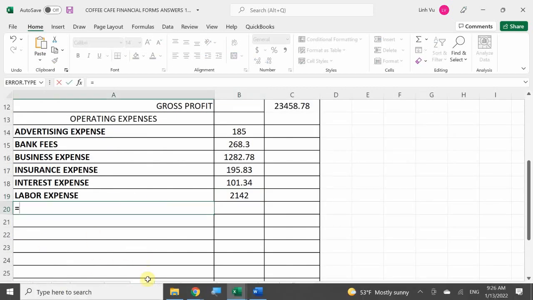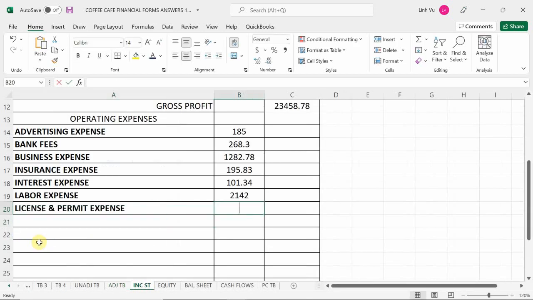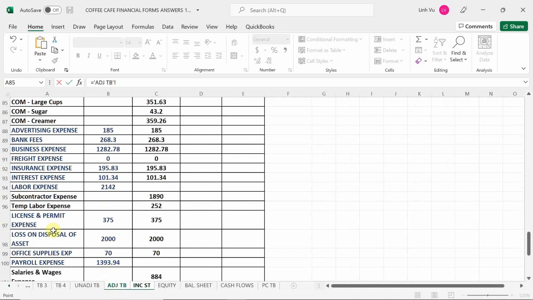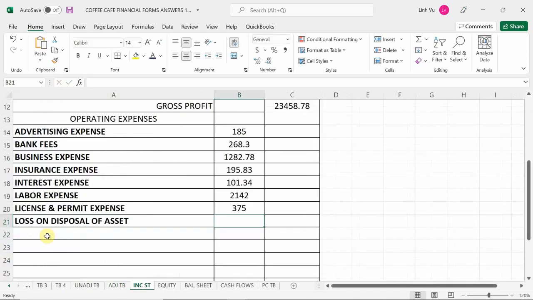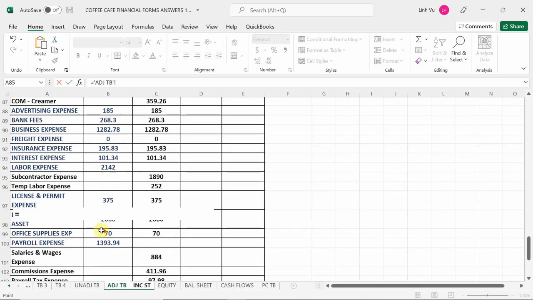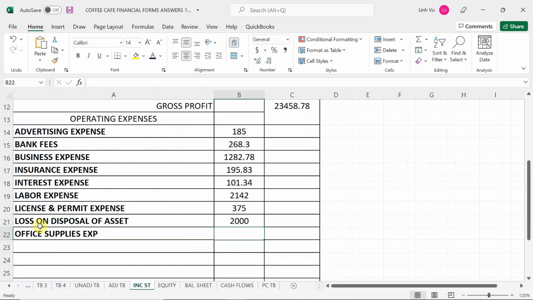Then we had license and permit expense for $375. Then we have loss on disposal of assets for $2,000. Then we had office supplies expense for $70.